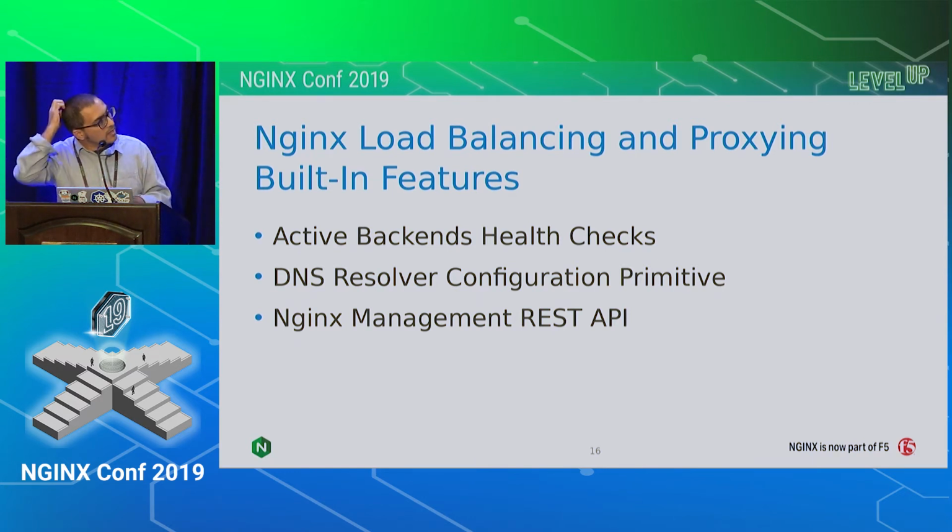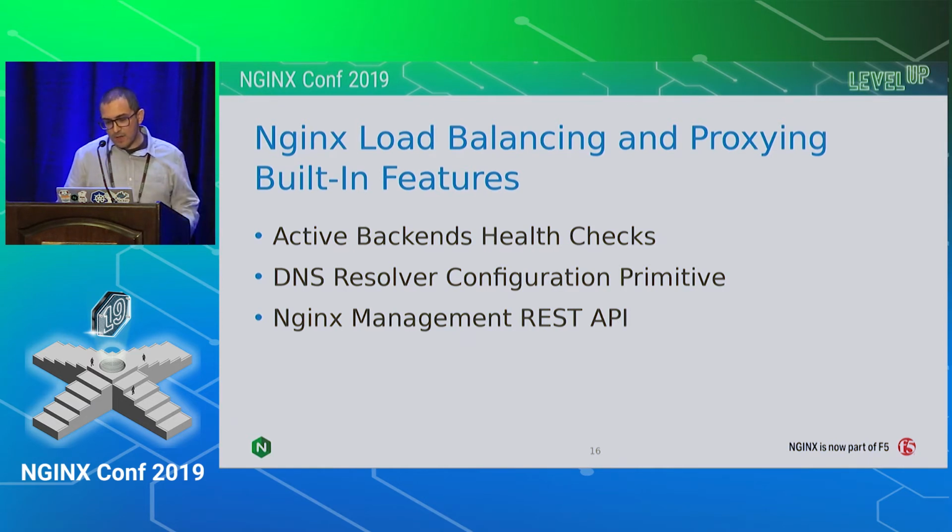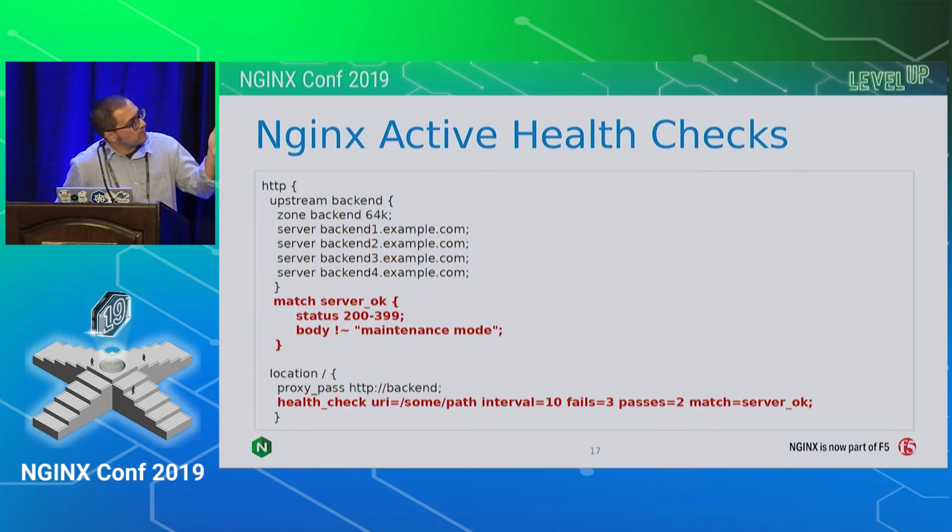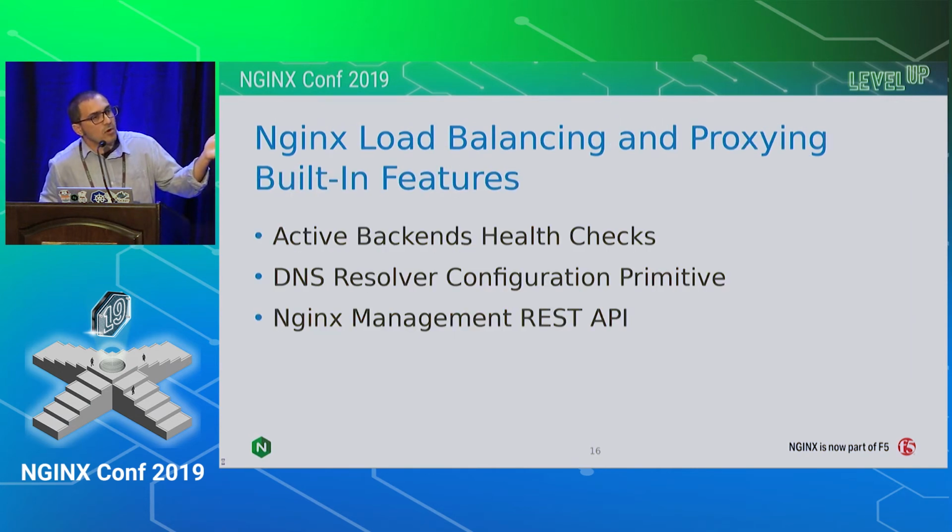We have the DNS Resolver, for which we have to provide the entries manually or with some kind of automation, something that is not going to be done by NGINX. And we can use the management API that is provided by NGINX Plus. In fact, all of them are pieces that are available in NGINX Plus.